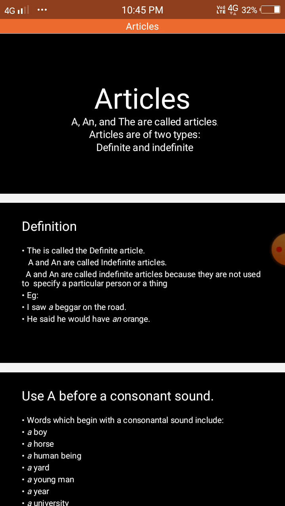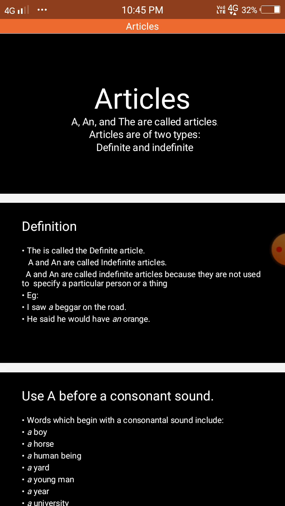First of all, there are 3 articles: a, an, and the. And these 3 are again divided into 2 types.